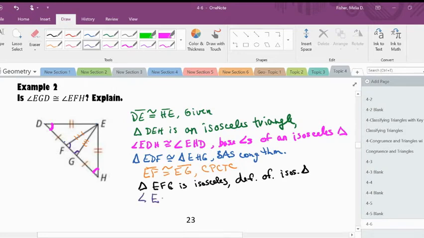Angle EGD is congruent to angle EFH because those are base angles of an isosceles triangle. You could say that that is the isosceles or base angles theorem.